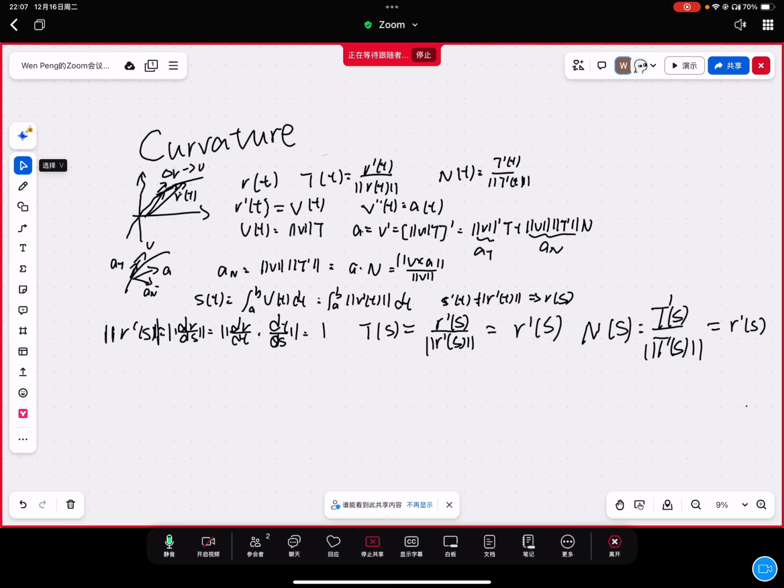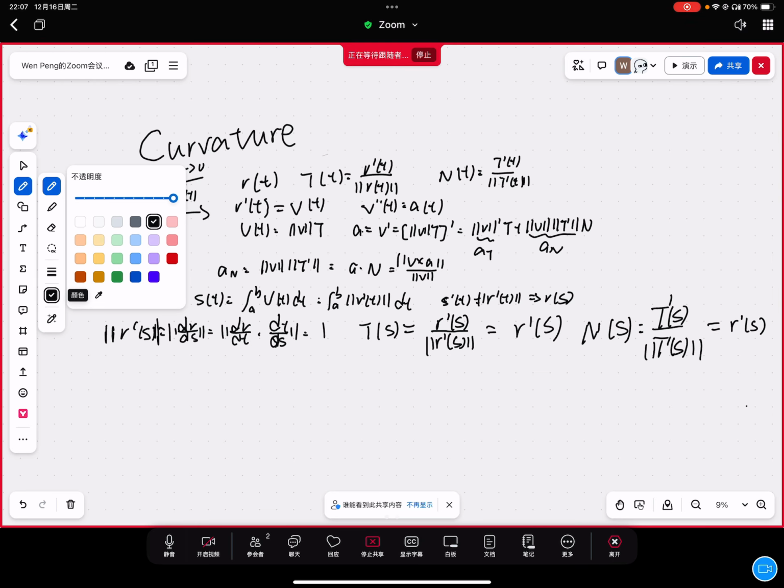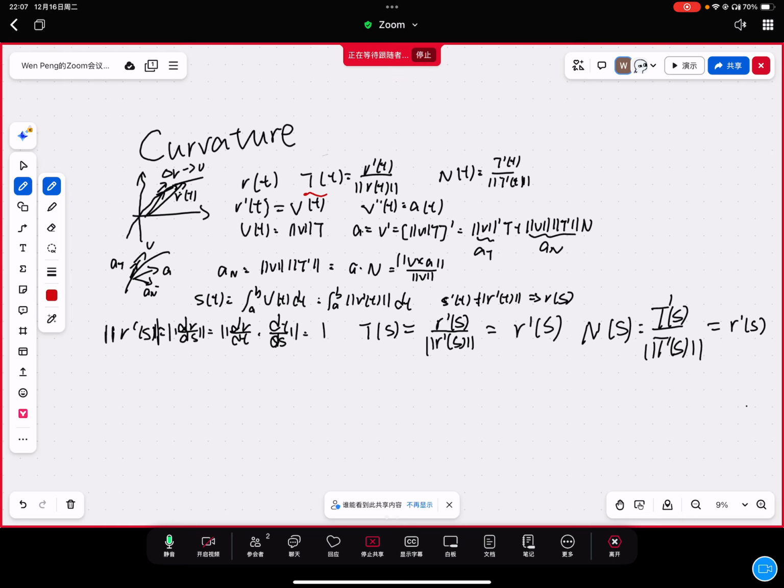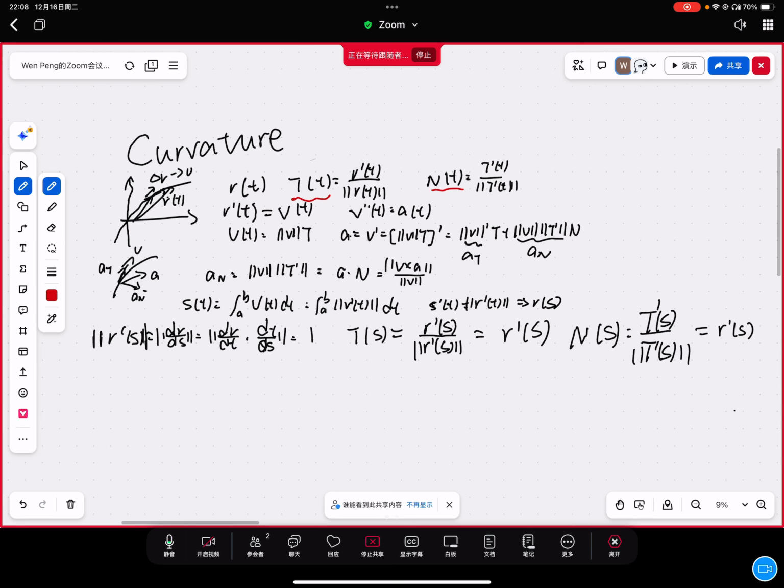From the previous lessons, we've learned that the vector value function r of t can be used to represent the movement of a particle. And we can use the tangent vector T of t and the normal vector N of t to represent first the tangent direction of the particle and the vector that is normal to the tangent vector.